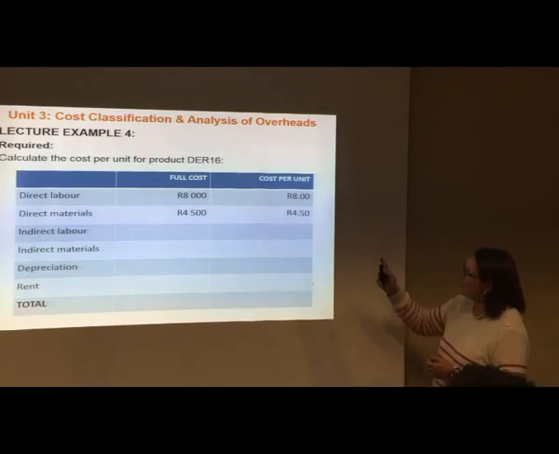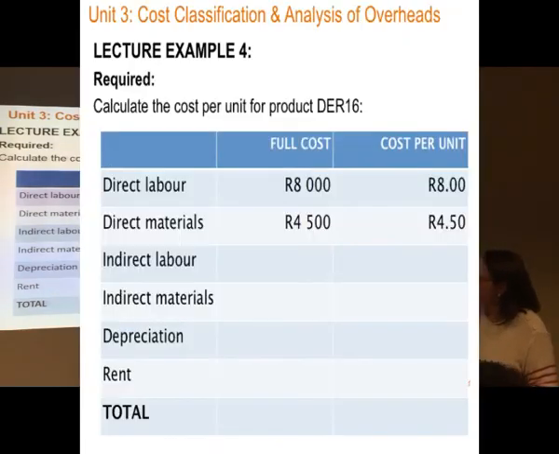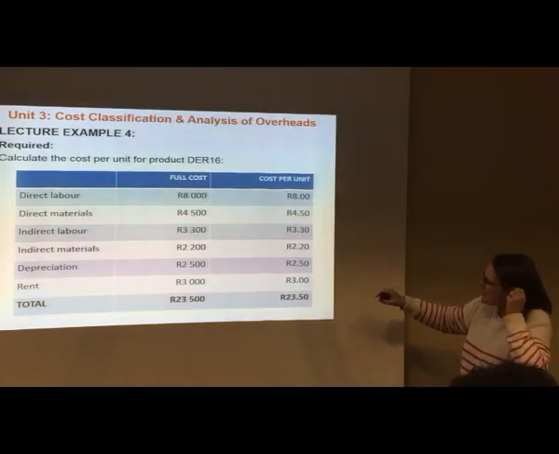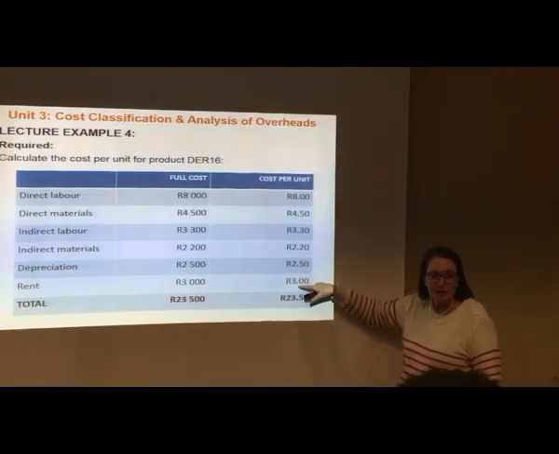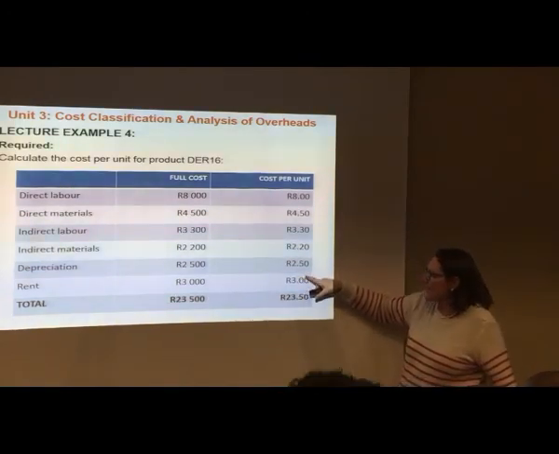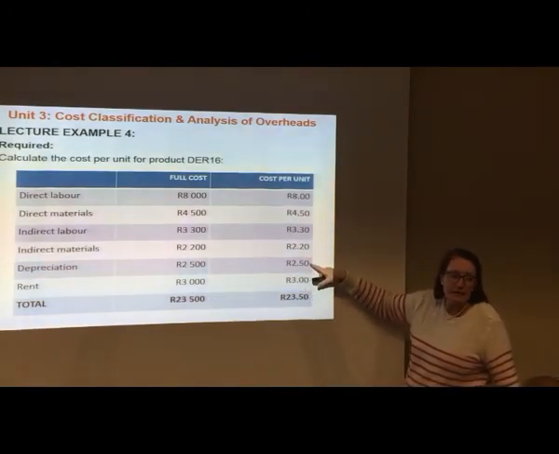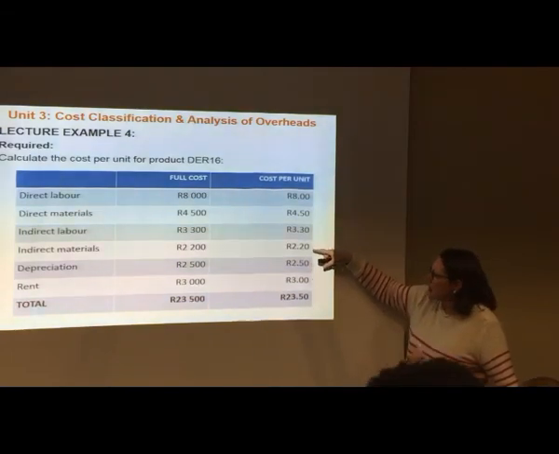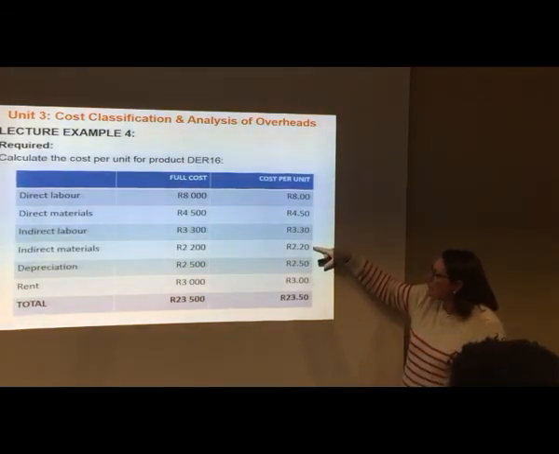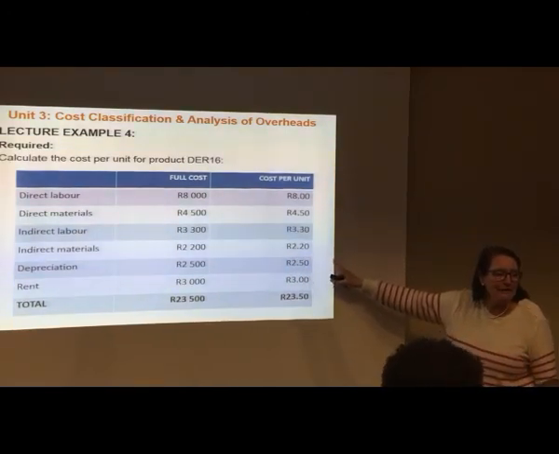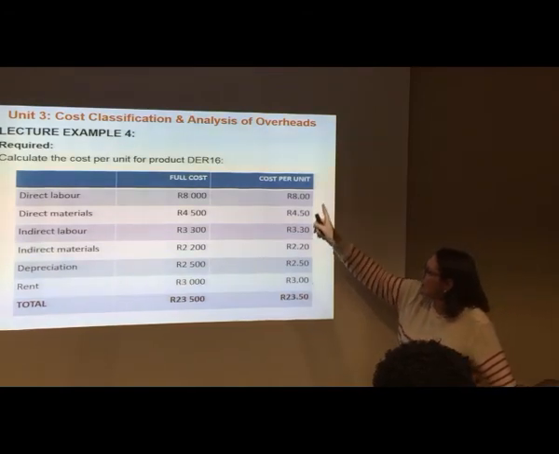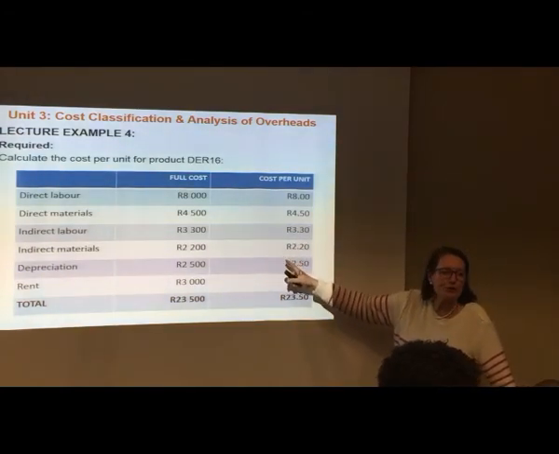So for DER, you were given the 8,000, you were given the 4,500. The depreciation here stays at 2 Rand 50 and the rent stays at 3 Rand. So these ones are the same as for DEH. These ones are different because this indirect materials was 1 Rand per direct labor hour, and this product, DER, used 2.2 labor hours.